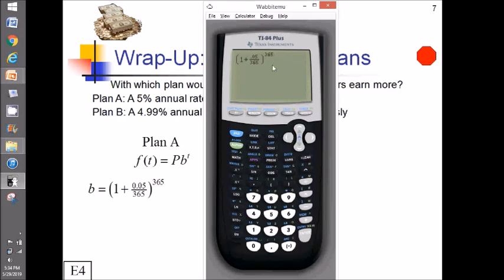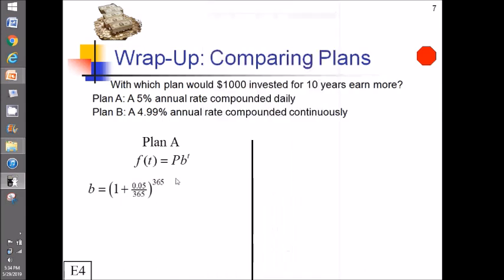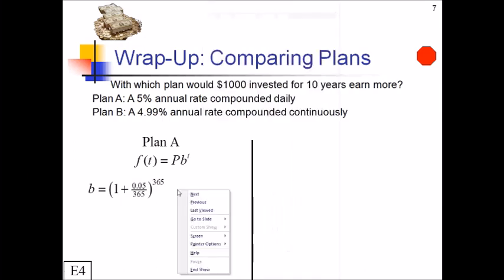So here I've entered this on the calculator, and just like before, I'm going to store that whole value as alpha A so that I can use it again and get the exact decimals in there so I don't lose any money. And that comes out to about 1.0513. But again, we're just rounding this off to show people approximately what it is. We're actually going to use the exact value on our calculator.